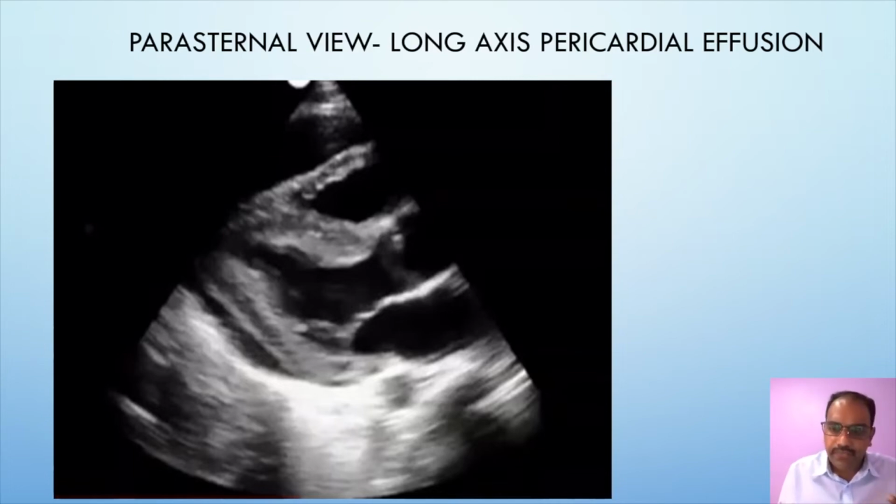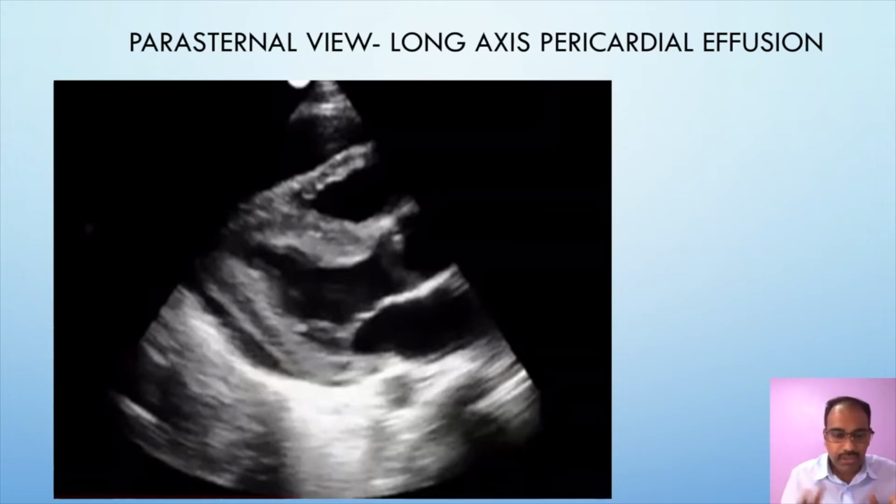As I play the video, you need to identify first the descending aorta, which I will be labeling later. Then from the aorta, we will identify the pericardial layer. Once we identify the pericardium layer, the fluid above the pericardium layer will be pericardial effusion. If the fluid happens to be below the pericardium, then it is a pleural effusion.